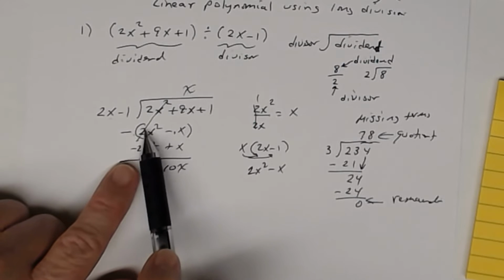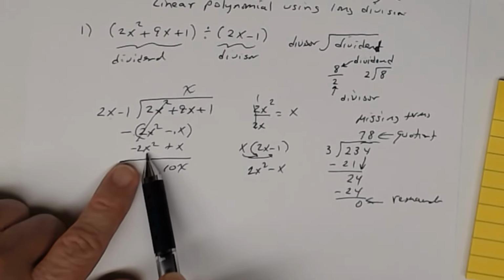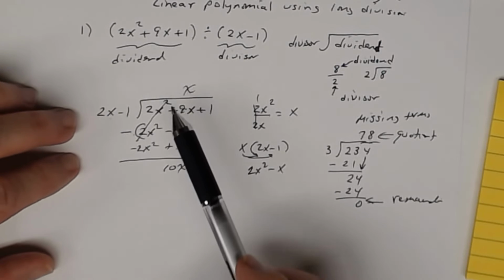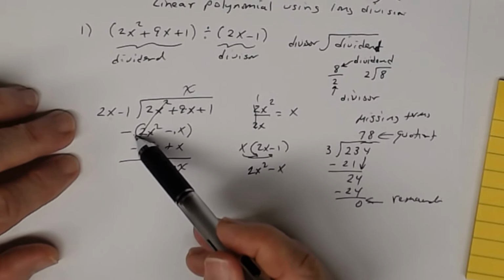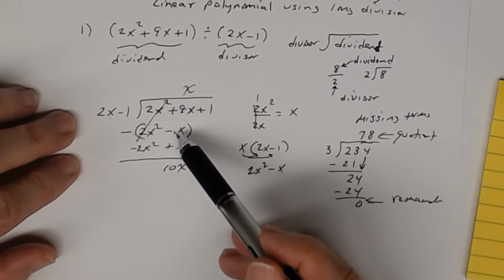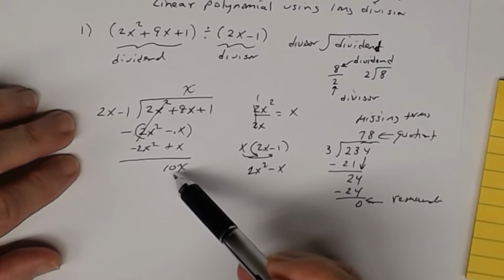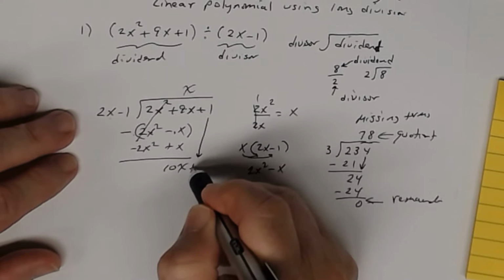So 2x squared, subtract 2x squared, means the same thing as saying 2x squared and a negative 2x squared, right? Which is 0. So those cancel out. If you're doing this correctly, this will always cancel out. And then 9x subtract a negative x means 9x plus x, which is 10x. All right, and then you bring down the next term, plus 1.